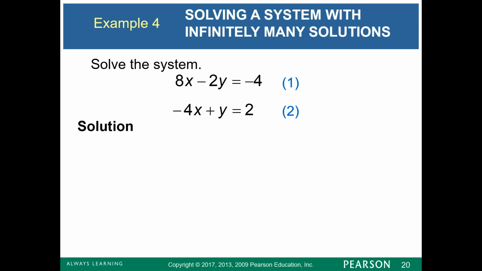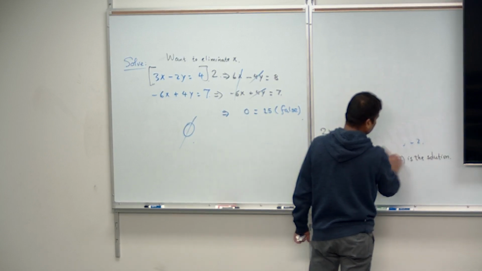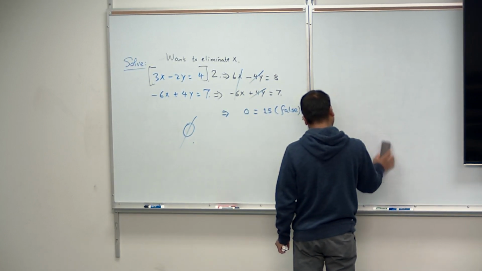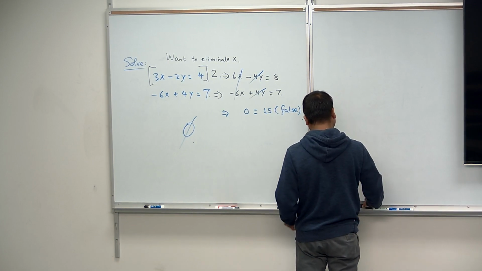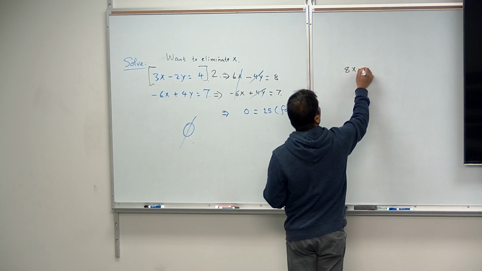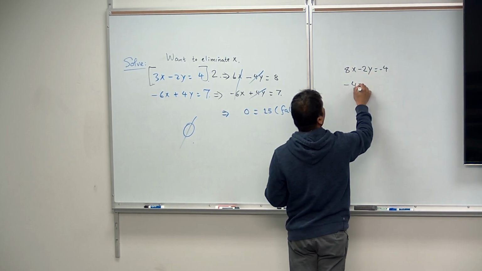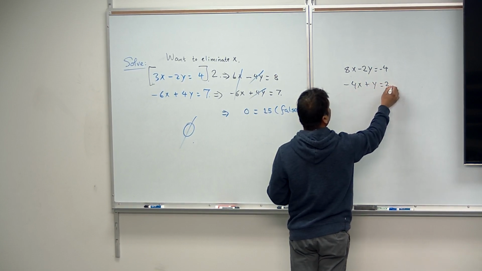So now let's try this one. If you want to solve this one, you have 8x minus 2y equal to negative 4, and negative 4x plus y equal to 2.